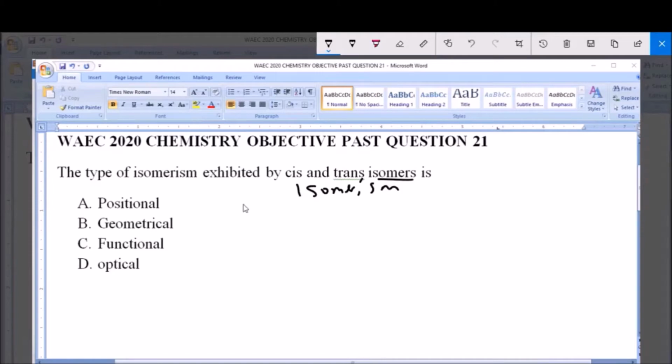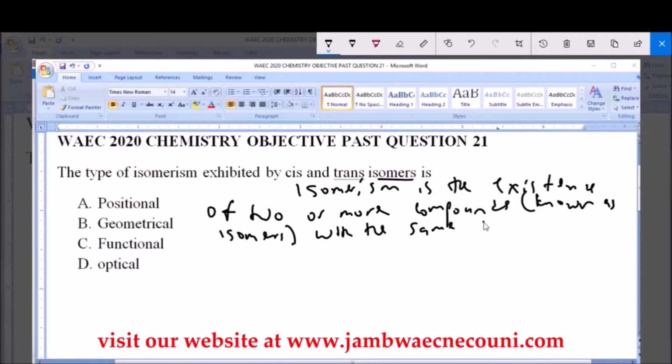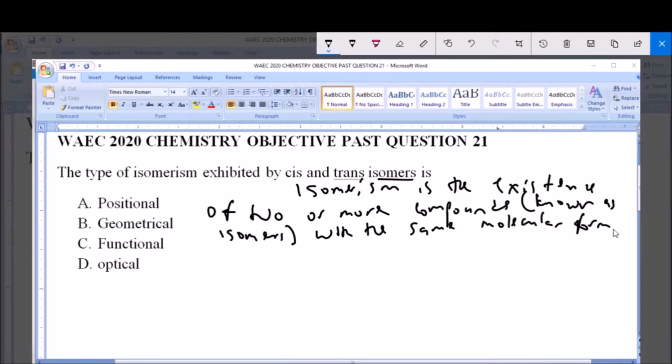Isomerism is defined as the existence of 2 or more compounds, and these compounds are known as isomers, with the same molecular formula but different molecular structure.